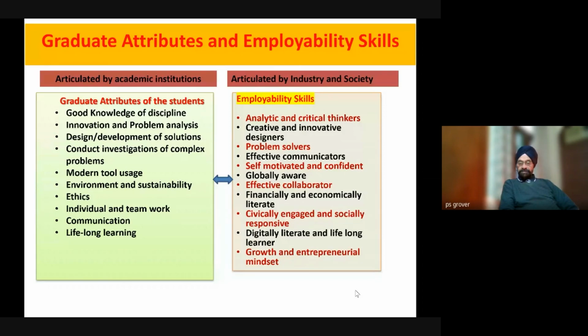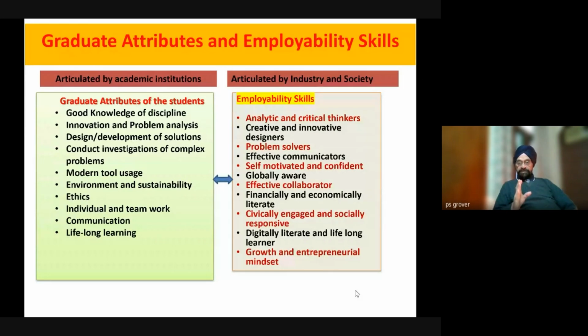Now, keeping these in mind, we designed graduate attributes, because these graduate attributes will be used to design our curriculum. See here how we are porting the requirements of industry into our teaching purposes in the form of graduate attributes, in the form of student characteristics, student qualities.